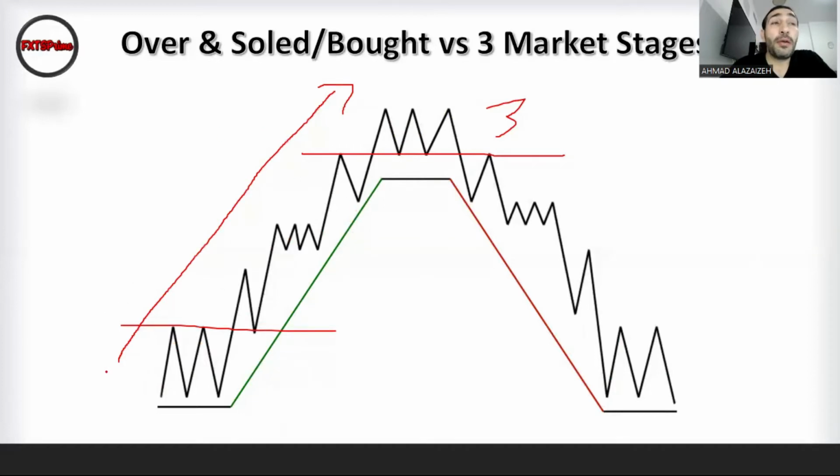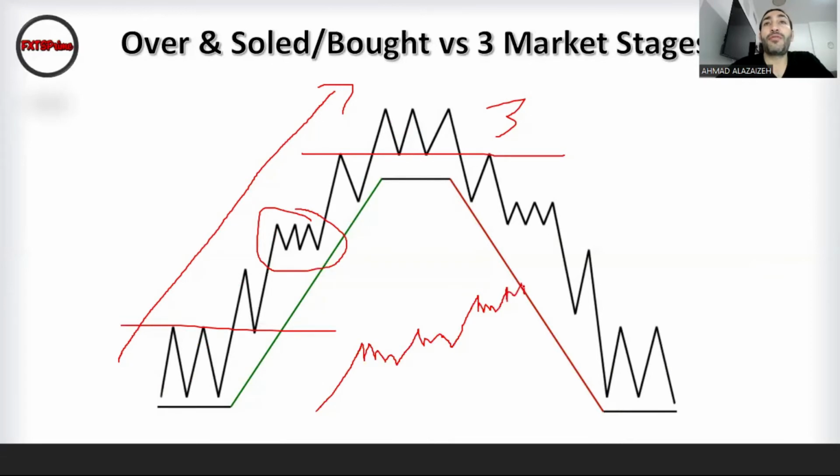When you see the movement is big, and when you see the formation of several continuation patterns, minimum 3 or 2, formed before, like you have a trend going up, then a continuation pattern, then up, then a continuation pattern, then up, then you start to see the formation of a continuation pattern again, but it's not going up too much.